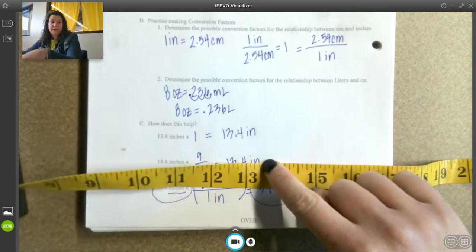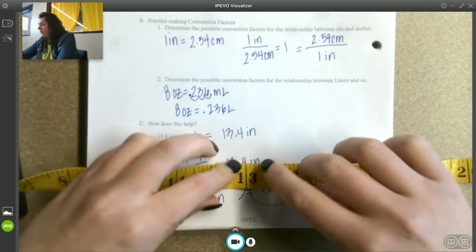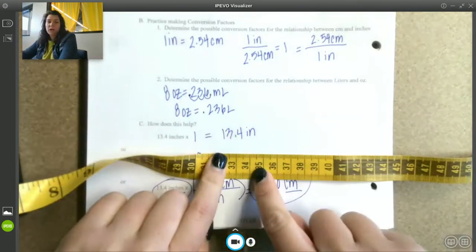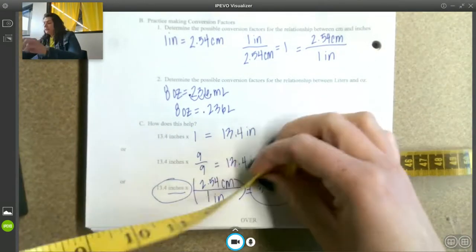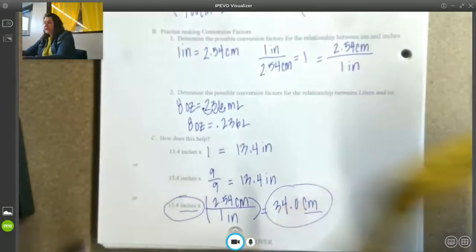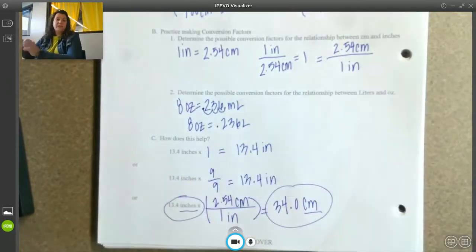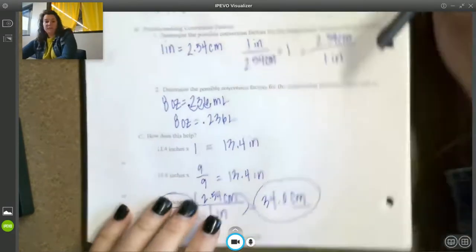We would expect to see 34 centimeters on the other side. So let's do that. 34. Okay, so this right here is 13.4 inches and 34 centimeters. It's the same amount of stuff, just a different quantity.